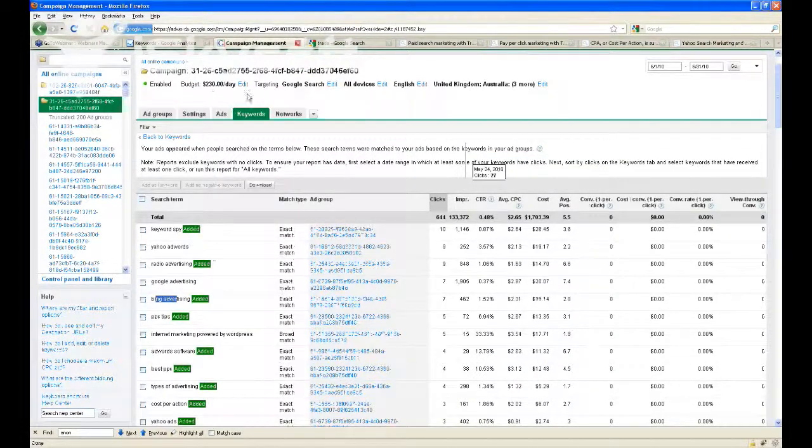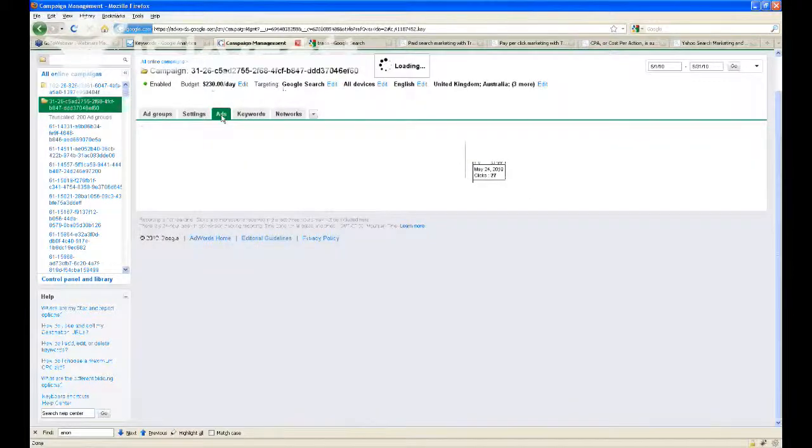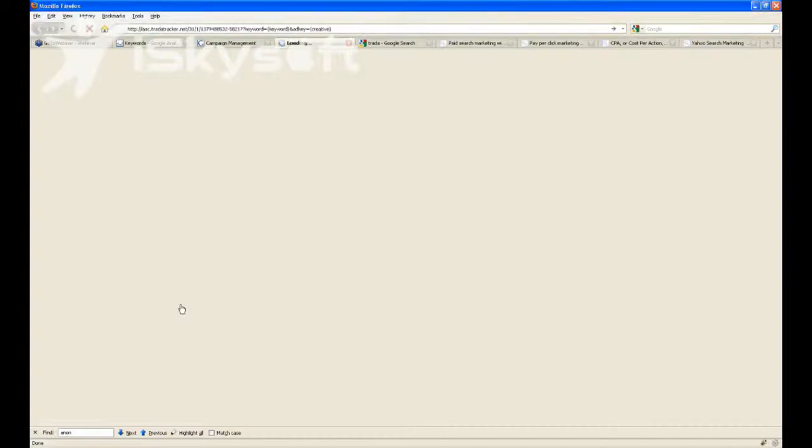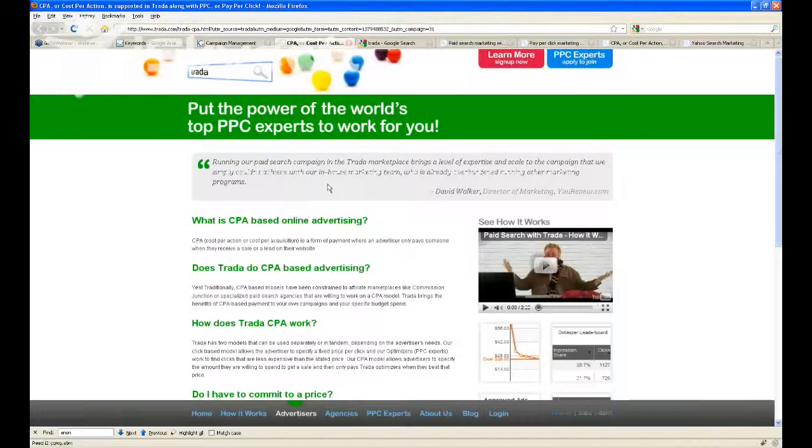What I'll show you is an example of this. So we have an ad that's built specifically around this concept of the CPA. This again is going back into AdWords, and this is showing one of our ads. And if I click on this, you'll see it'll take you directly to that CPA landing page. So that's the experience that the user has.